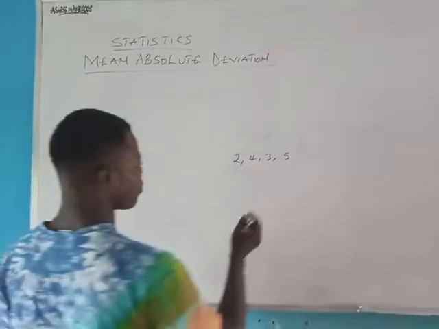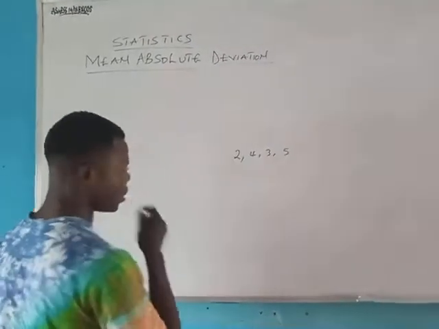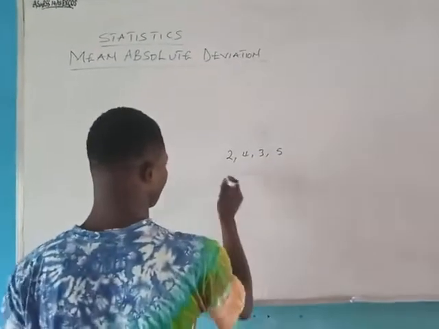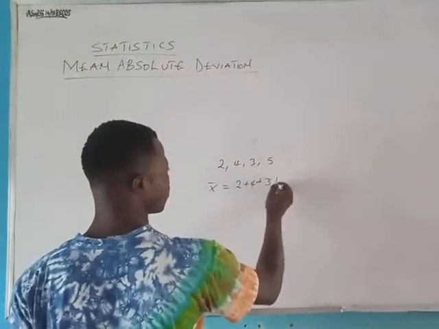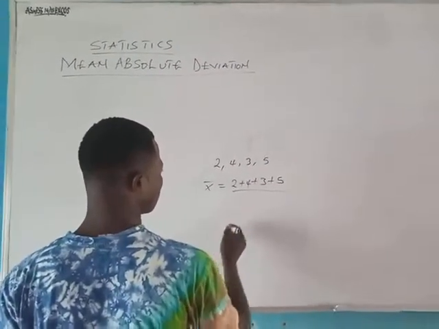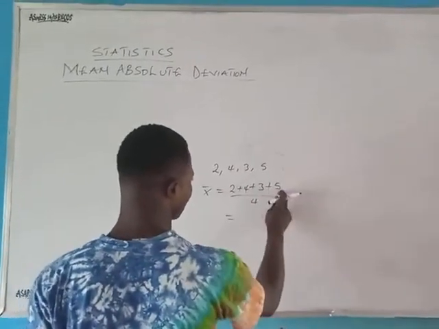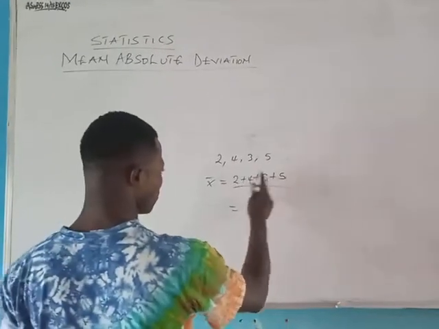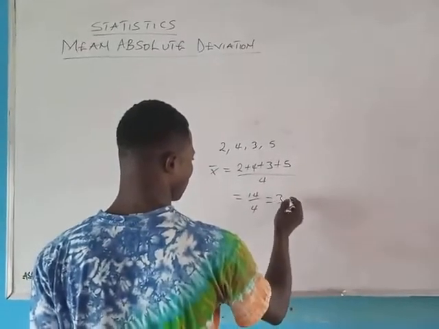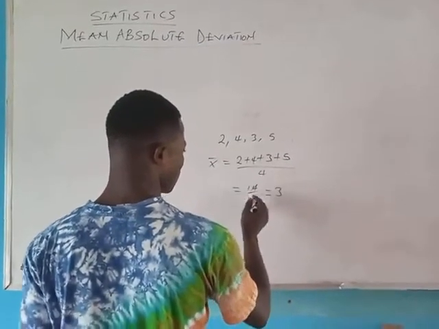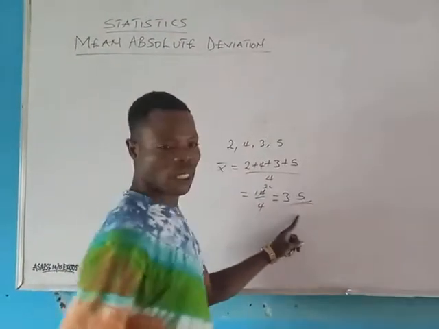If we calculate the mean of this data, the mean will be equal to 2 plus 4 plus 3 plus 5, then everything divided by 4, since there are 4 numbers. This gives us 14 over 4, which is 3.5. So the mean is 3.5.